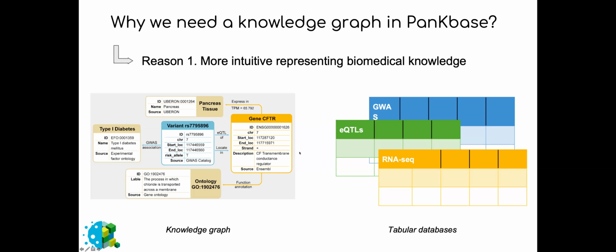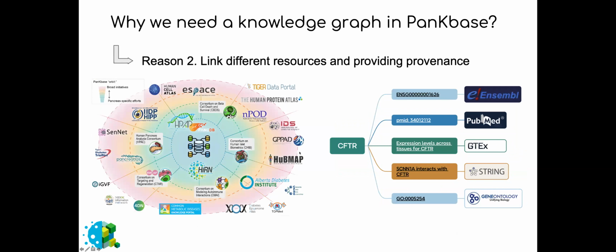The second reason is that we have this broader vision to link different resources and provide the provenance of the knowledge. As the years go by, we will link more and more resources. But you can imagine, for an entity like the gene CFTR, we can have different resources of knowledge about the same gene.